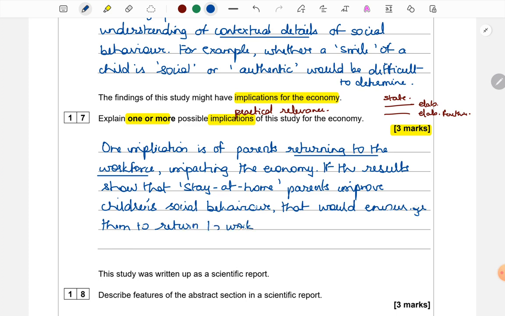I'm sorry, to not return to work. Having a negative consequence on the economy, or we can say negatively impacting the economy.